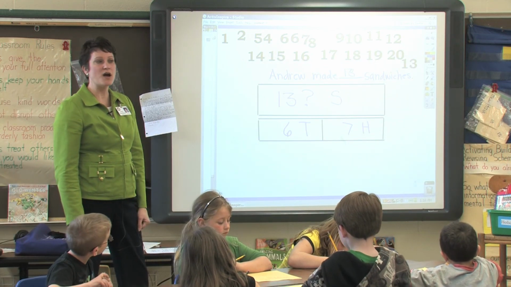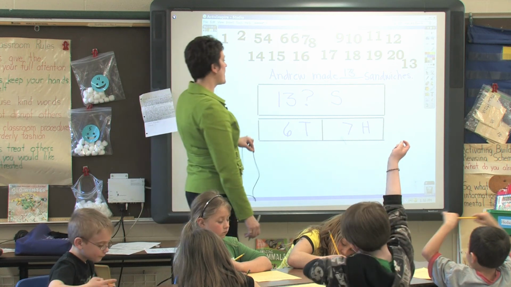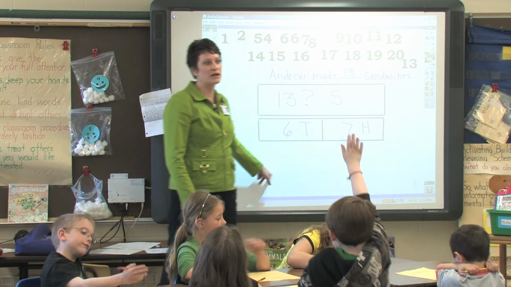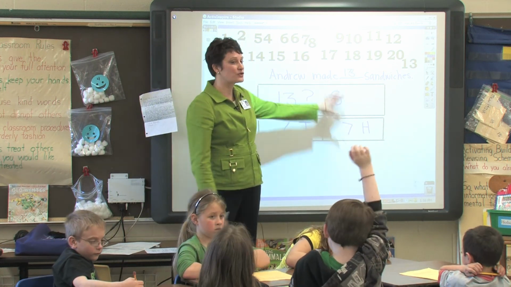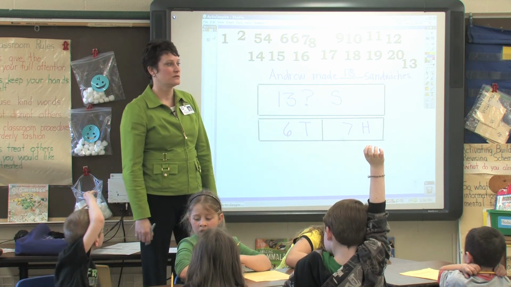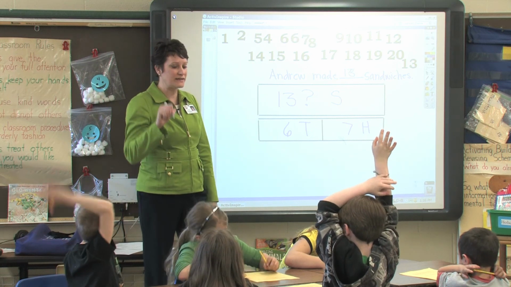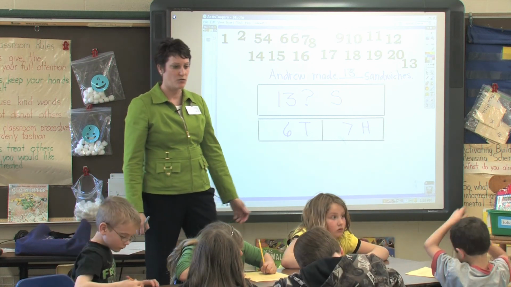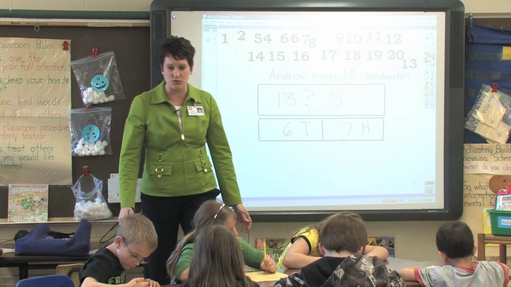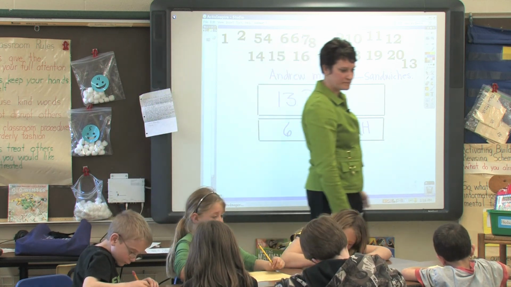And now I want to know, how did you figure it out? What equation can we write down here that tells me about our story? I want you to write it down at the bottom of your paper right now. What number sentence do you think that would be?